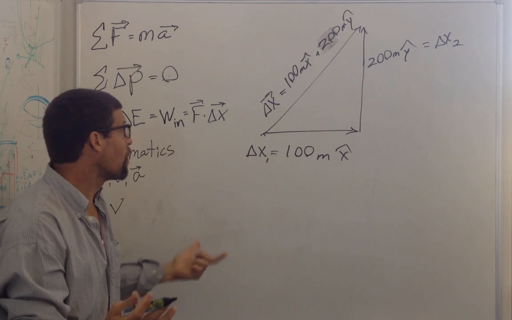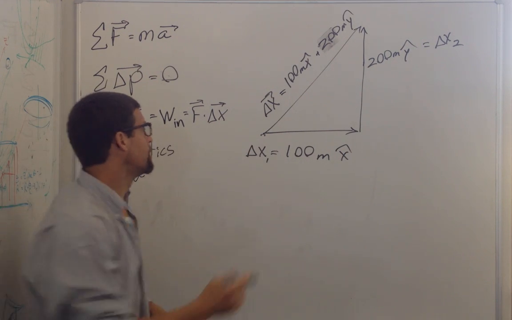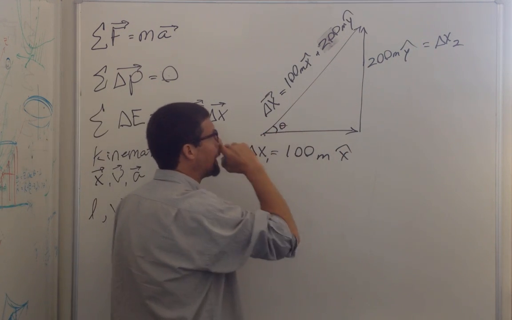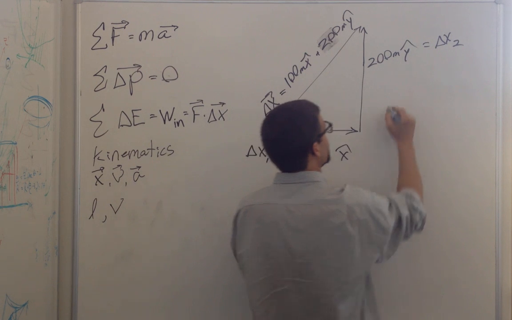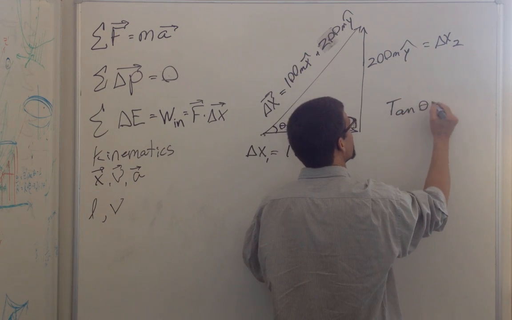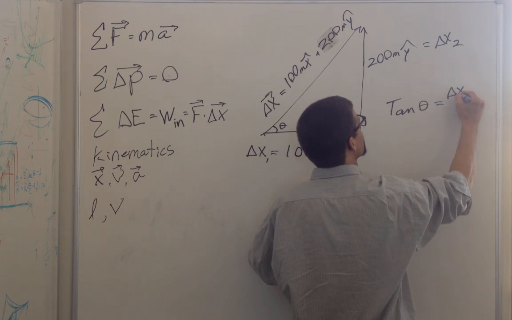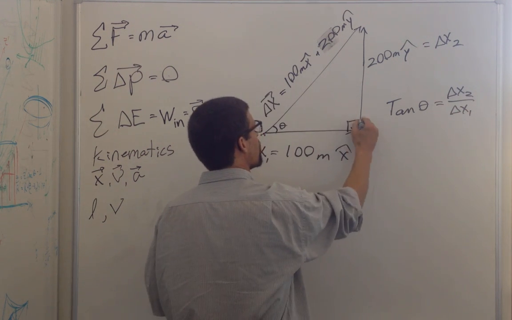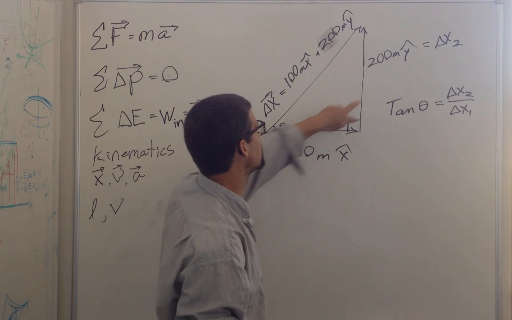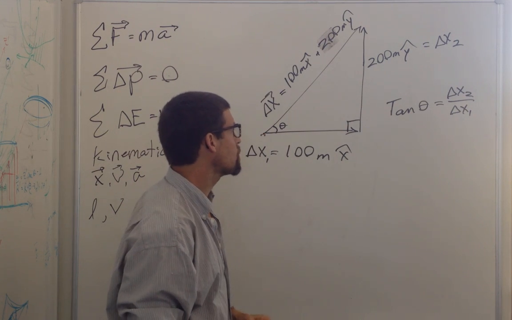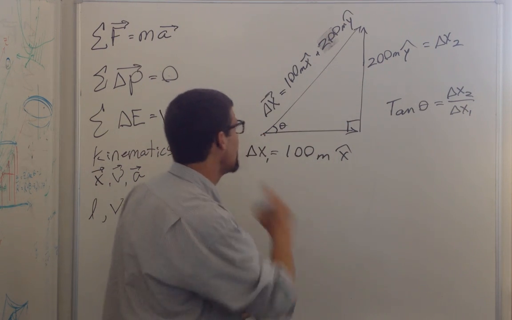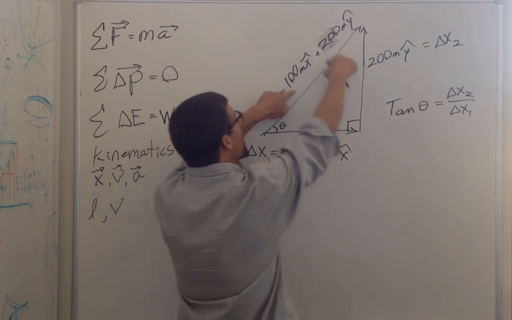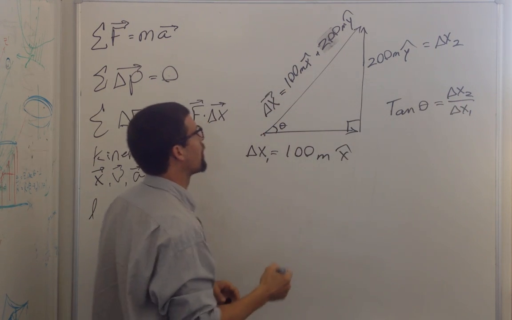But there's another way we can do it with angle and magnitude. We can say, oh, there's some angle theta, such that tangent of theta is equal to delta x2 over delta x1, right? Because this is a right triangle. That's the adjacent side, that's the opposite side. So I can define the angle, and I can define the magnitude. We square these, add them, and take the square root.